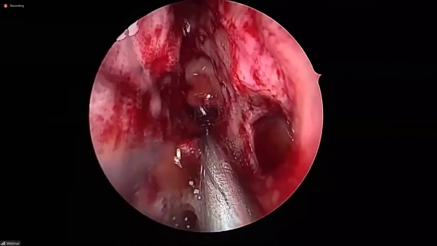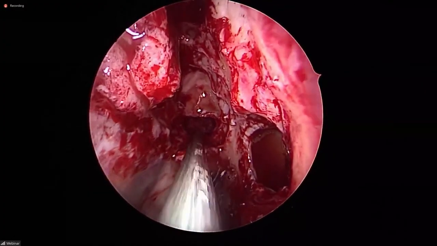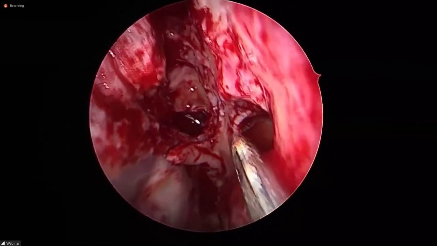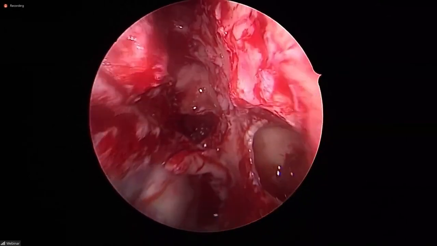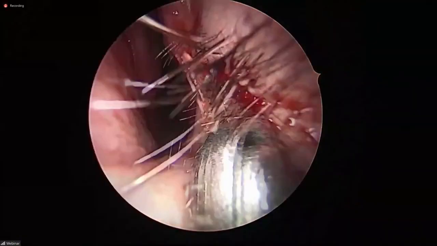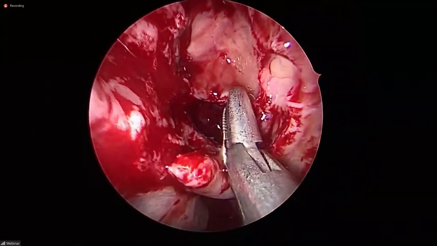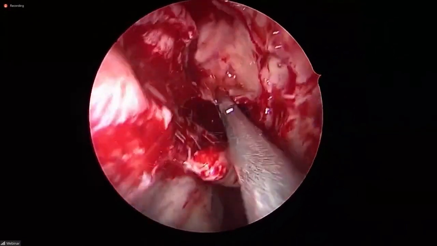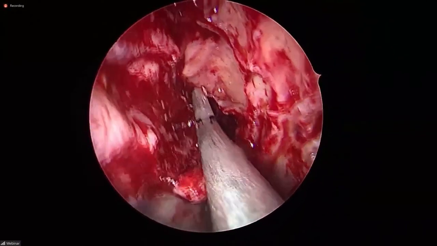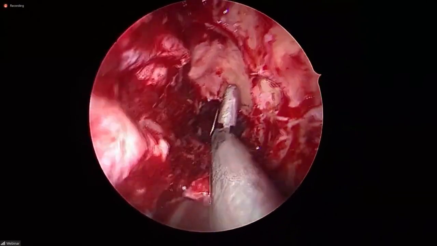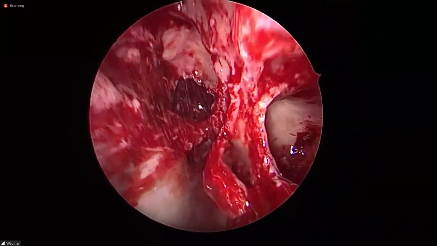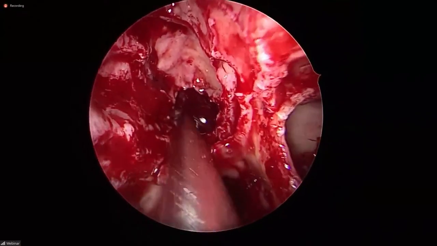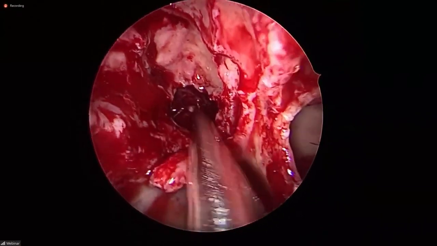If you want to further widen, I can widen with a punch anteriorly. See this? I can widen it anteriorly here safely, rather than widening inferiorly and damaging the septal branch.